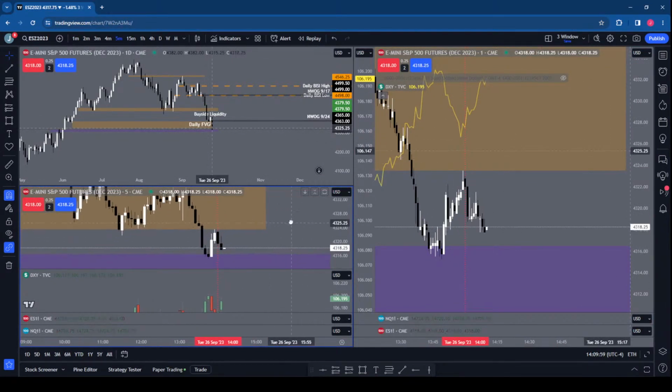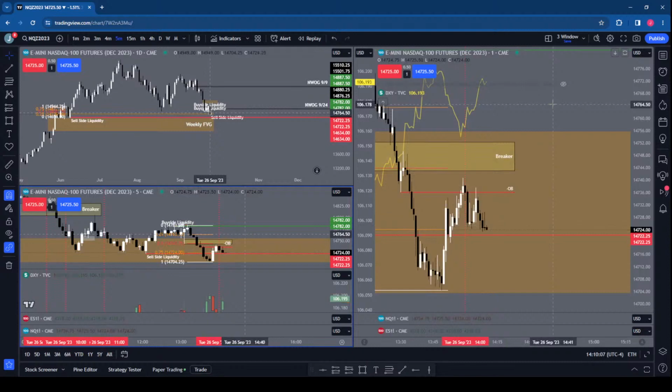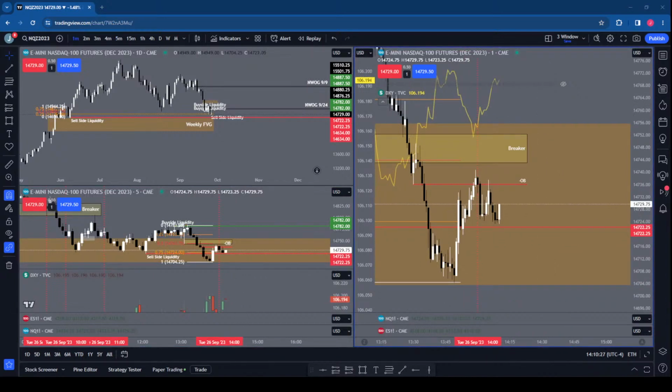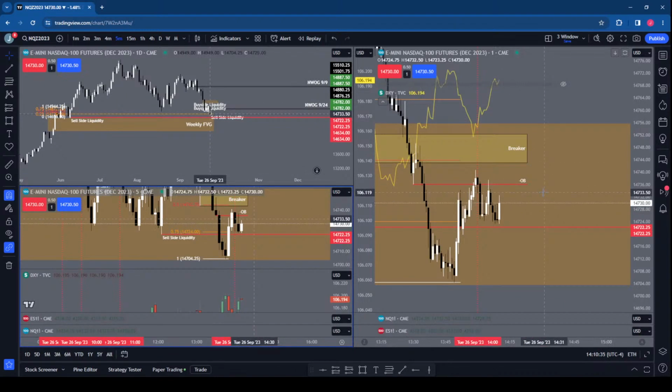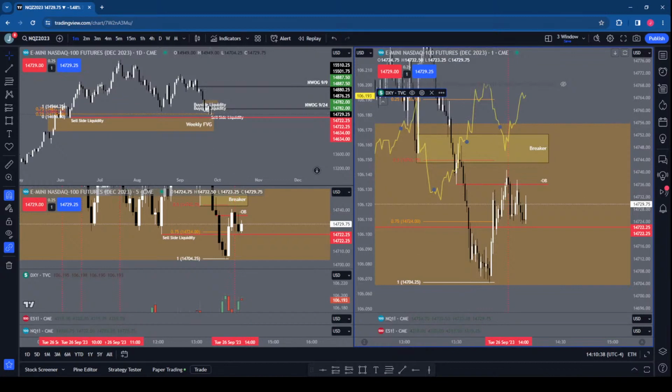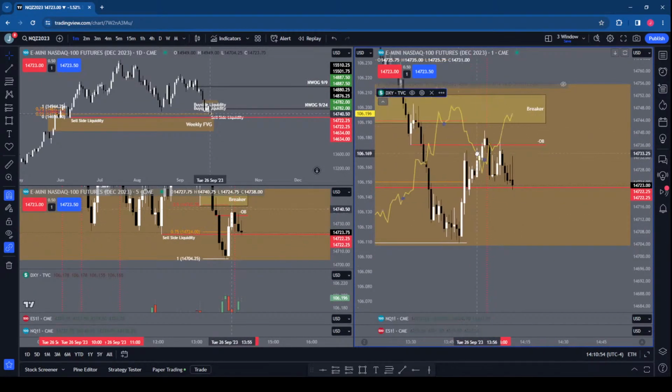And the dollar's rising. The dollar's still rising.